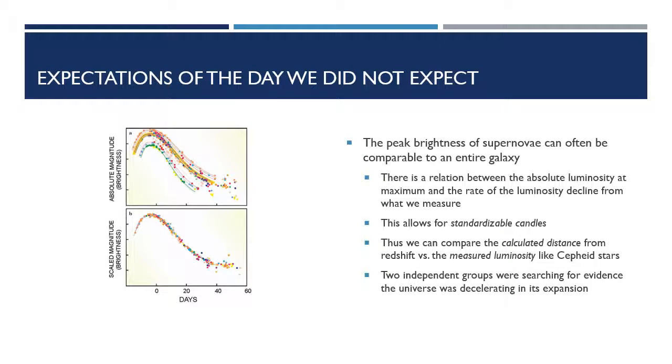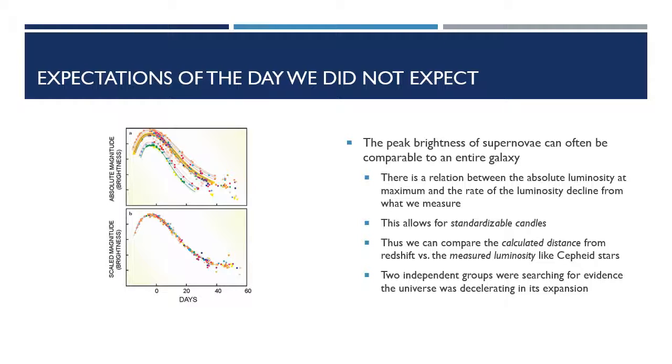So here is an interesting type of curve that you get, a very characteristic type of curve, and this is coming from a supernova eruption, in particular a type 1a supernova eruption. The peak is so bright, it's comparable to a single galaxy, and there is a relation between how bright it is and the rate of decline. Typically, those that are brighter decline just a little bit slower than those that are less bright.